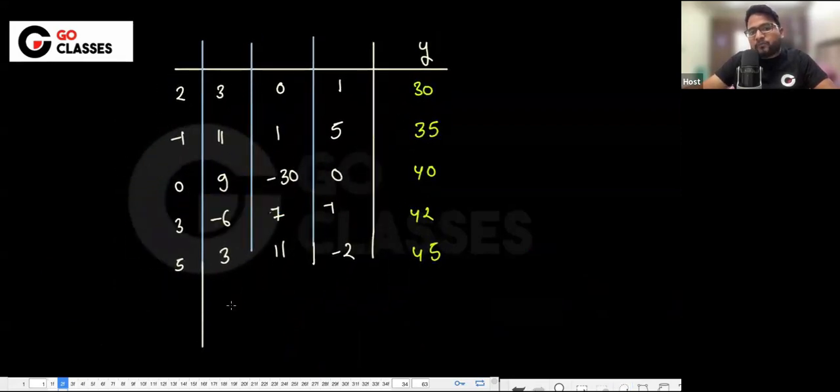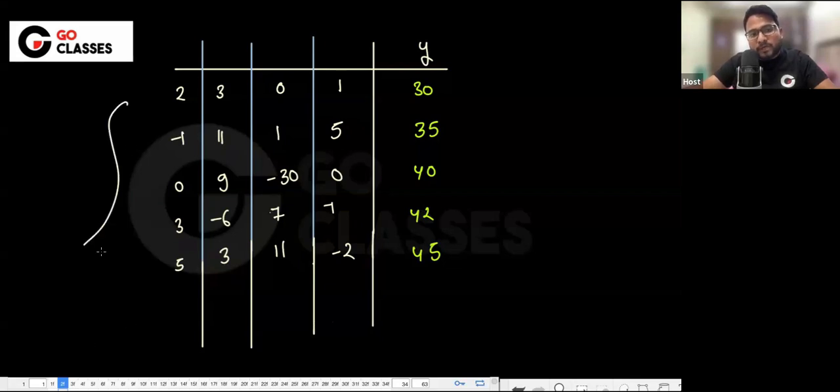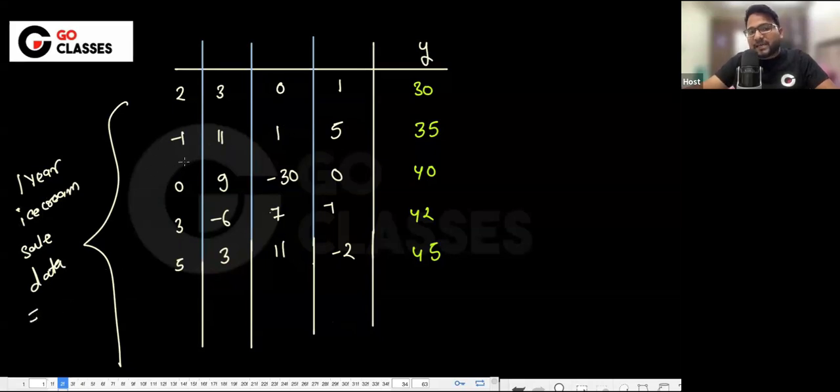Let's suppose I have one year of ice cream sales data, one row for each day. Then we have 365 rows.